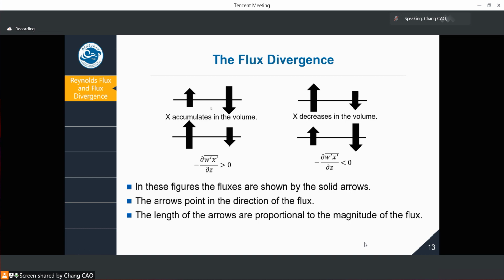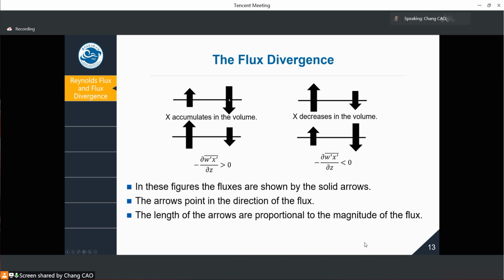And also compared with this one, firstly, these fluxes are negative. And if we look at the absolute value, this longer arrow means that the absolute value of flux is bigger than this one. And if we look at these two parts, we have more flux in and smaller flux out.